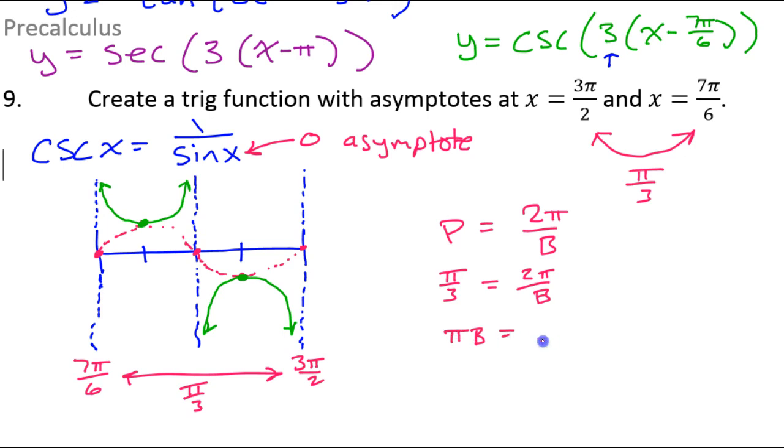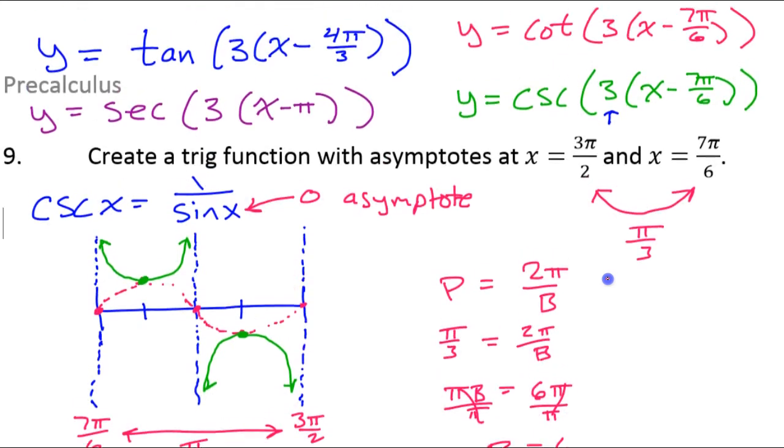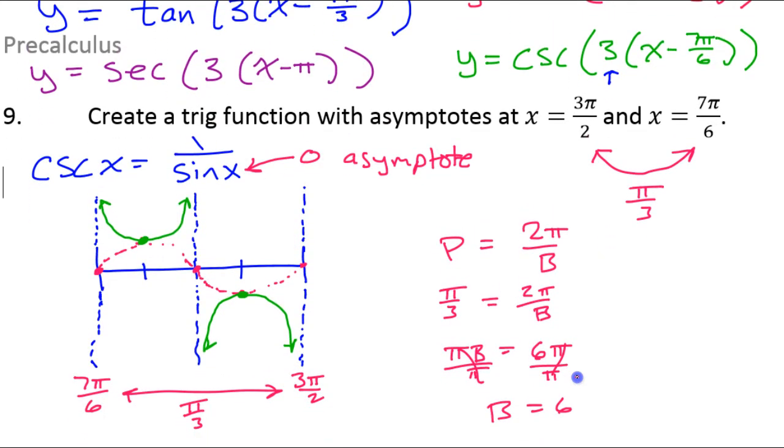On this diagonal, I would have 6 pi. Then I would divide both sides by pi, and the pi's would cancel out, and I would have b is equal to 6. So in this scenario, that's what I would have. The phase shift would still be 7 pi over 6, but now I have a b value of 6. So that would be another version of the cosecant equation that I could make.